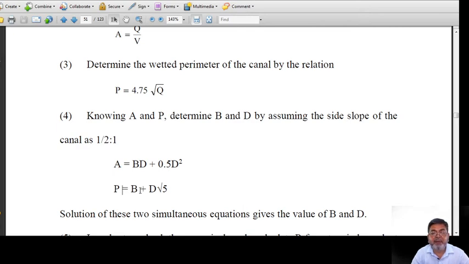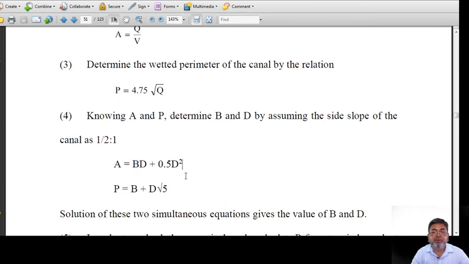Understand? You see here the value of B you can get from this equation in terms of D, and then in place of B you put this expression in terms of D. So that will give you a quadratic equation in D, and the solution of that quadratic equation will give you two values of D. One value you have to discard, another value you have to accept.